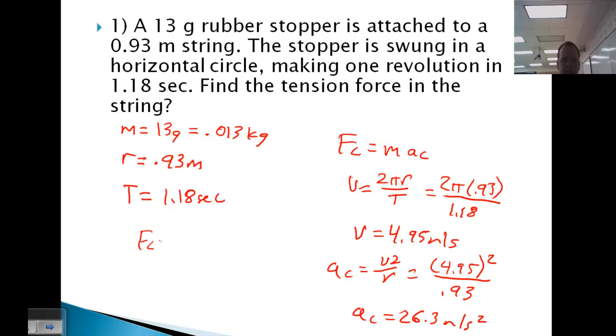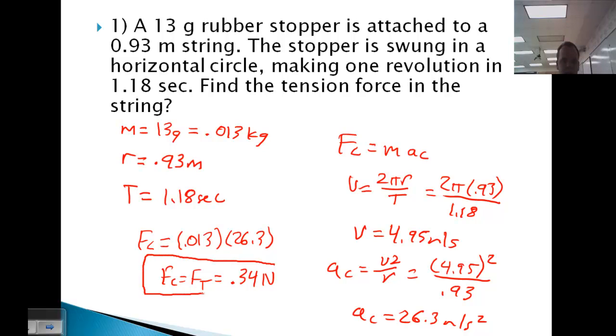So Fc will be 0.013 times 26.3, which means we have a tension force, a centripetal force, which is our tension force because it's a string, 0.34 newtons. You could have also used Fc equals 4 pi squared r over T squared times mass to solve this with one equation.